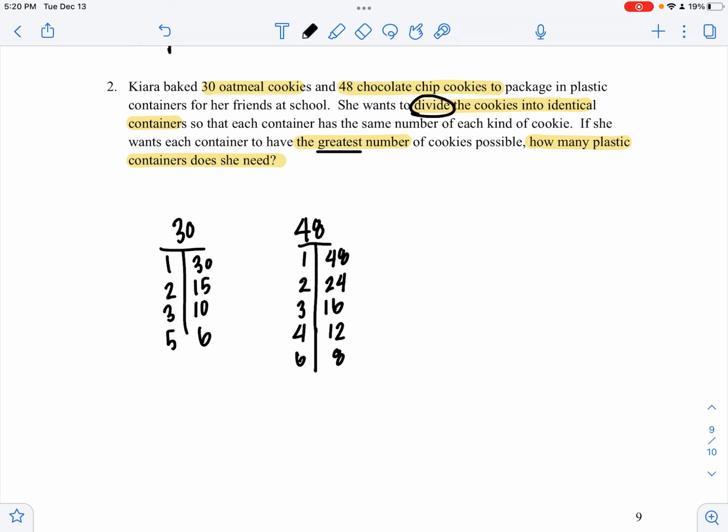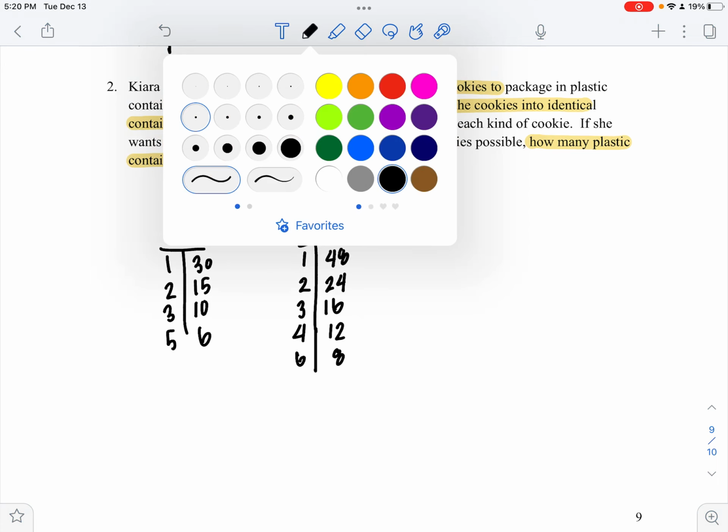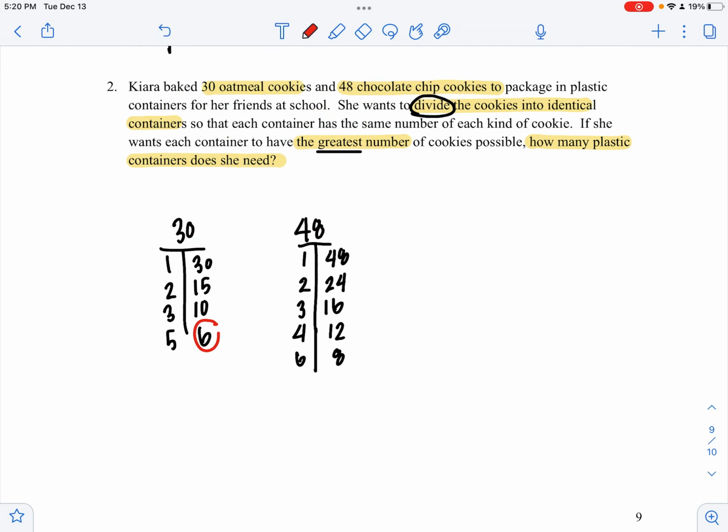Now, the greatest common factor is the largest number that's on both lists. In this case, 6. So, am I done? Is 6 my answer? In this case, yes, because the question is, how many plastic containers will she need? The way that she can create the greatest number of groups with the same number of each cookie is 6 plastic containers.